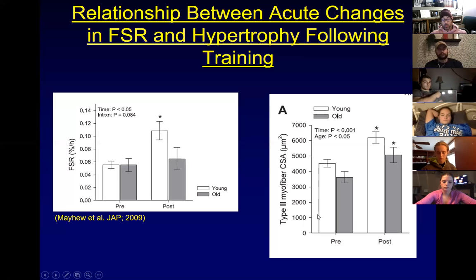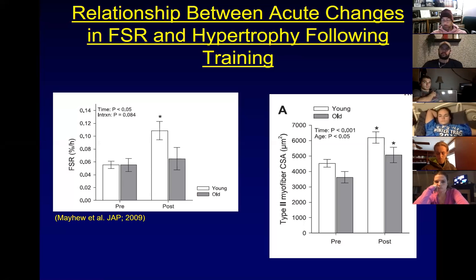But then if we look at changes in type 2 fiber hypertrophy after training, they're not getting the changes in synthesis rate, but yet they're getting a relatively equal percentage-wise increase.